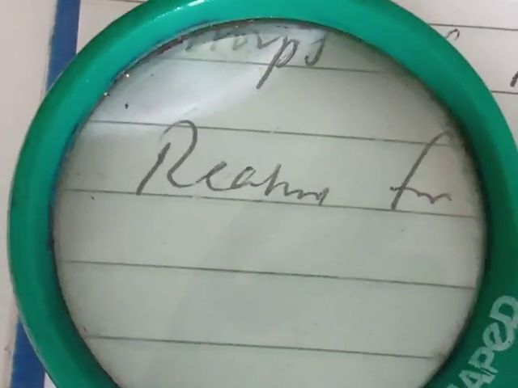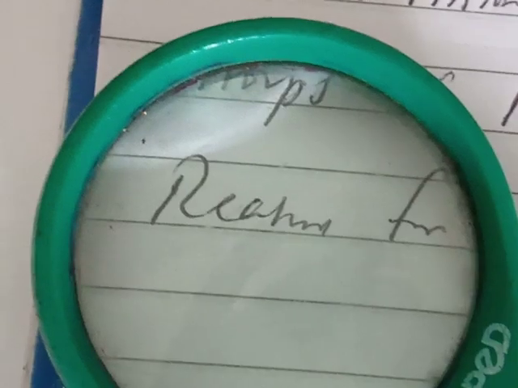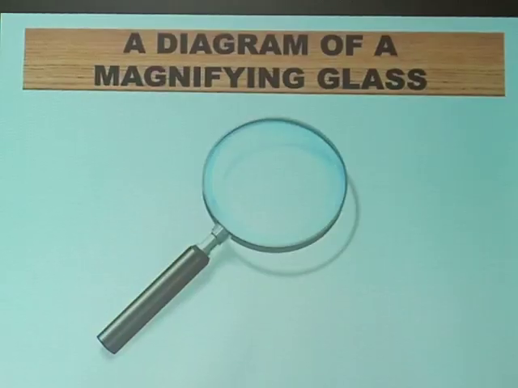Two, the image appears behind the magnifying glass, which means the image is virtual. Three, the image is upright. So there are three words here: bigger, virtual, upright. Can we repeat that? Bigger, virtual, upright. Those words give us the characteristics of a magnifying glass.